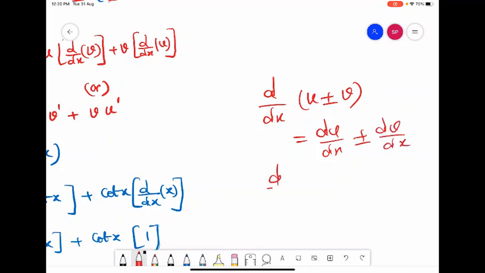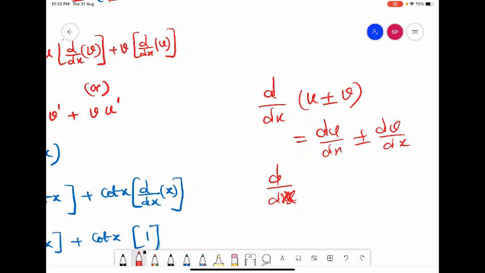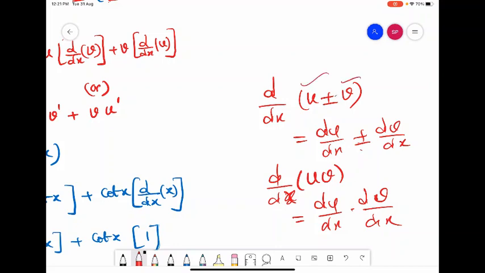But if I have d by dx of a product of two functions, can I do it the same way, du by dx into dv by dx? Can we do that for a product also? No, we are not supposed to do the product in this way.